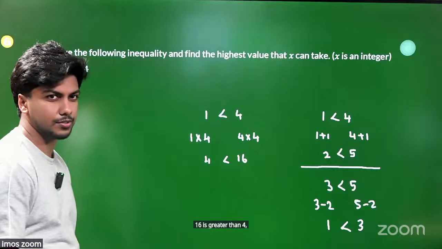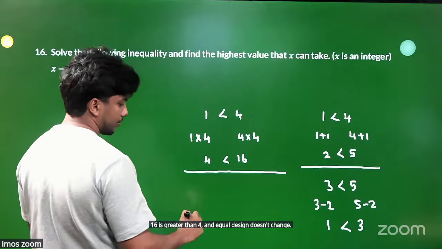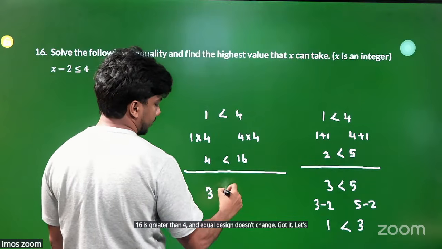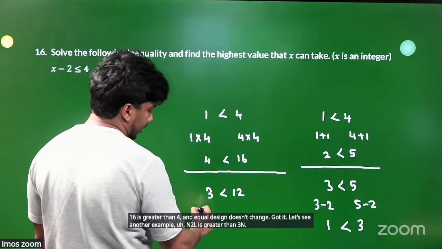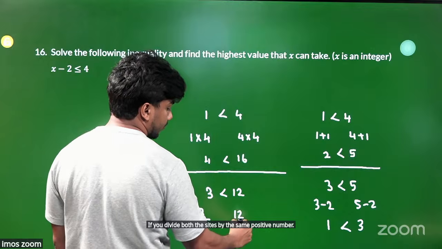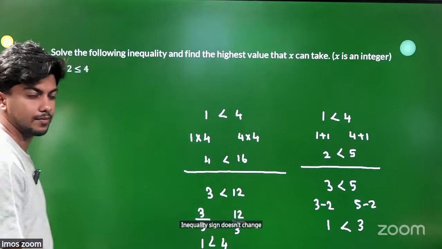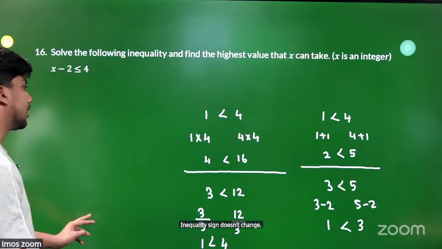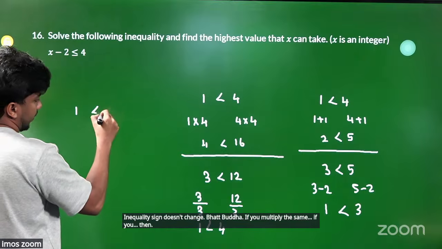The inequality sign doesn't change. Let's see another example. 12 is greater than 3. If you divide both sides by the same positive number, the inequality sign doesn't change.